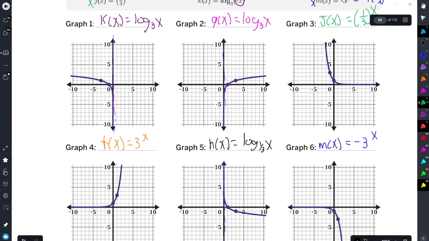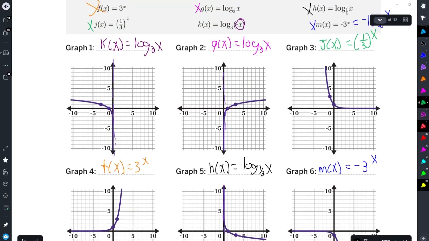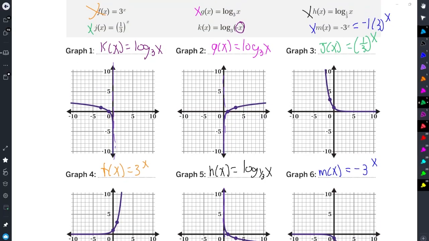So you see like graph number 1, we still have that asymptote there, and all the x values are negative because we had that reflection. Oops, this one, sorry about that. This one should be negative x because we have that reflection over the y-axis.